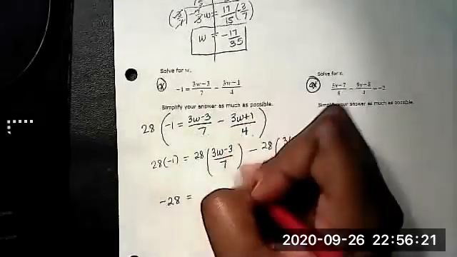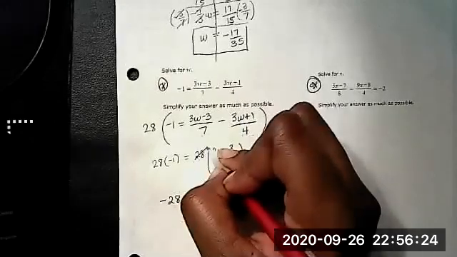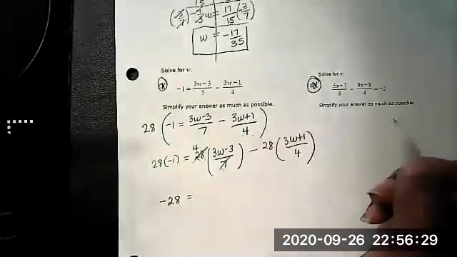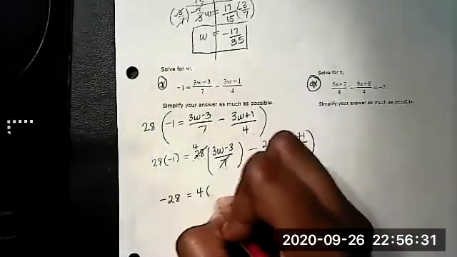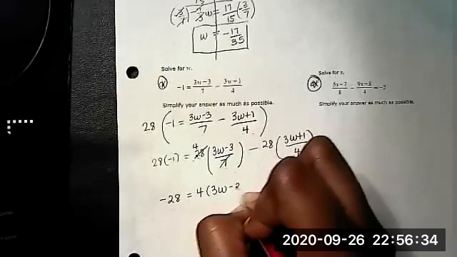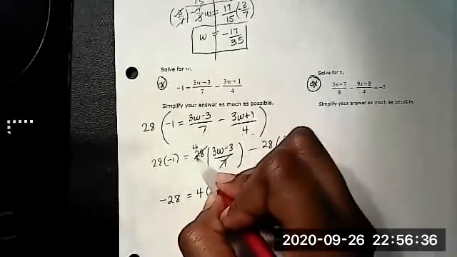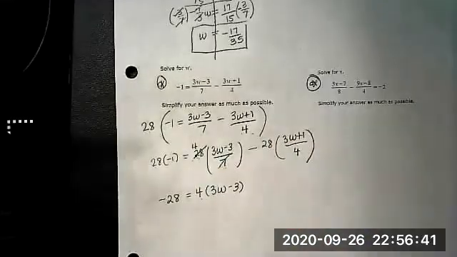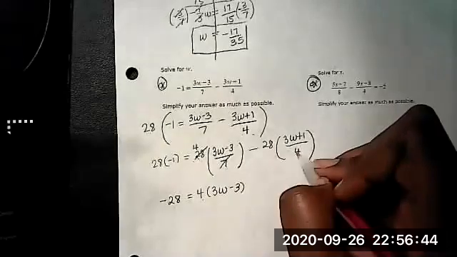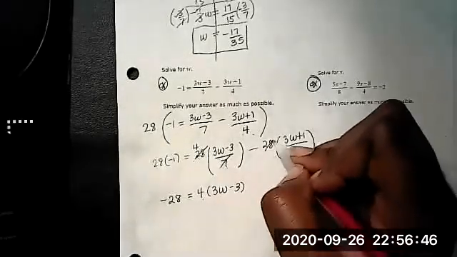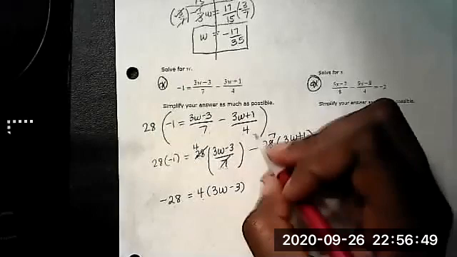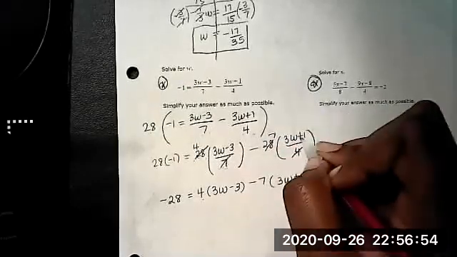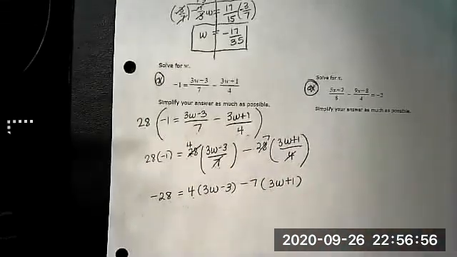Basically, you're dividing that 28 by that 7, and that becomes 4. So now what you have is 4 and then 3w minus 3. I just brought this down, but the 7 divides into 28 to give you 4. That's how I got that 4 there. Same thing here. 28 divided by 4 is 7. So this becomes -7 and then 3w plus 1. I just brought this straight down, okay?